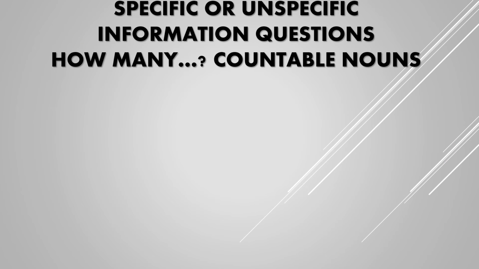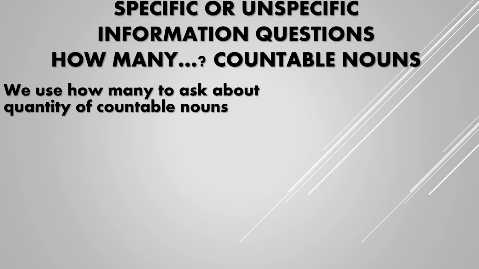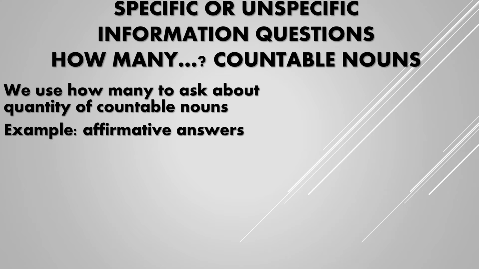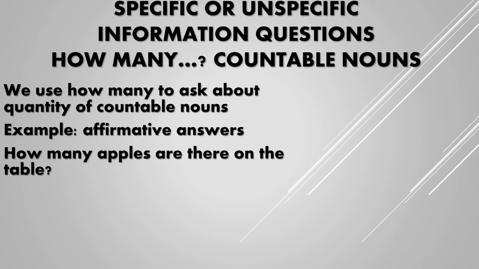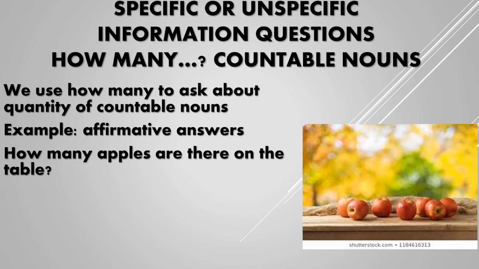How many? We use it to ask about specific or unspecific information about countable nouns, about quantity. For example, with an affirmative answer. How many apples are there on the table?